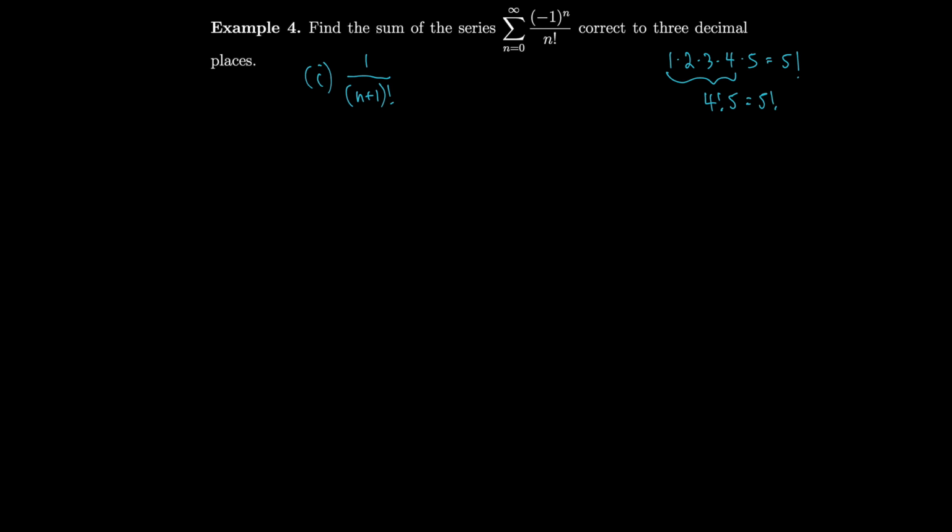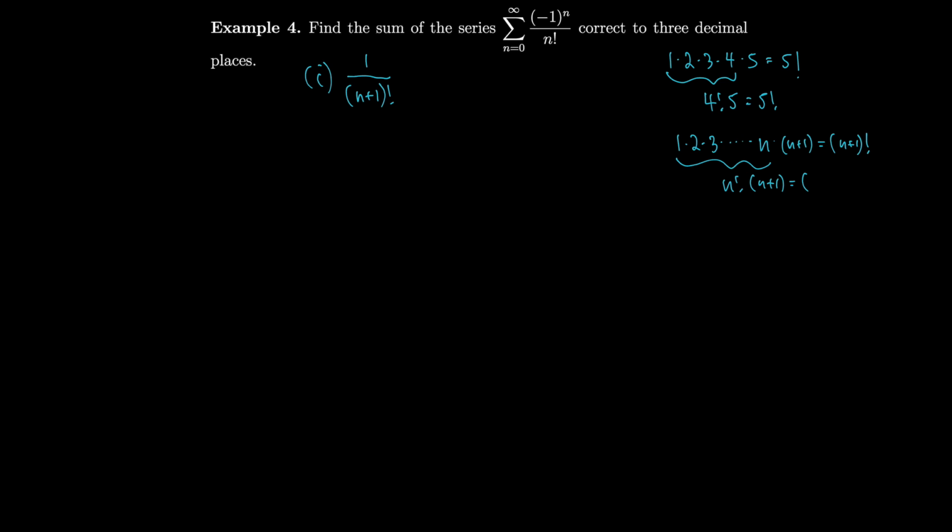In general, if you're multiplying 1, 2, 3, and so on, all the way up to n and then n plus 1, that's (n plus 1) factorial. What you could do is just pull out the n factorial that comes before. Just write it as n factorial times (n plus 1) equals (n plus 1) factorial. If you pull off that extra term at the end, then you're left with the previous factorial.